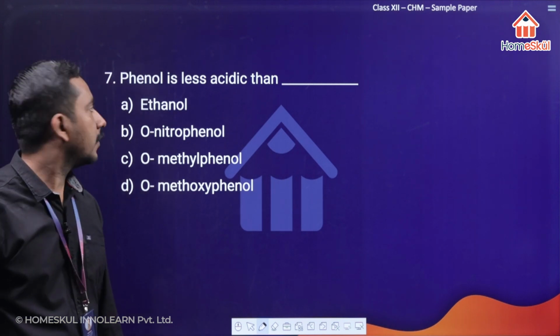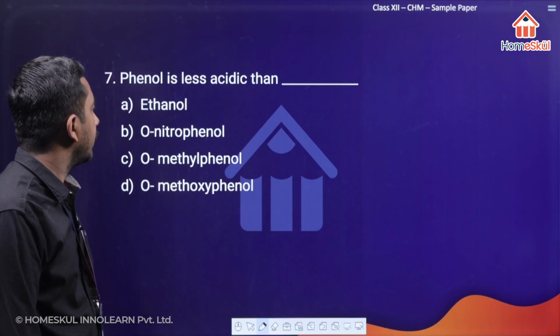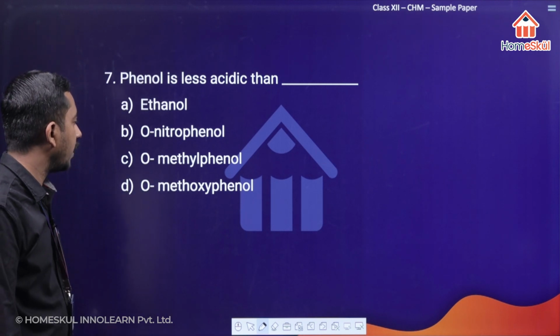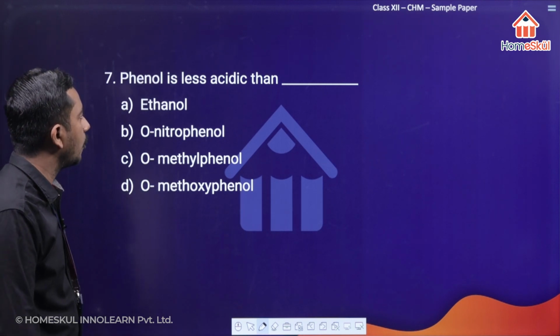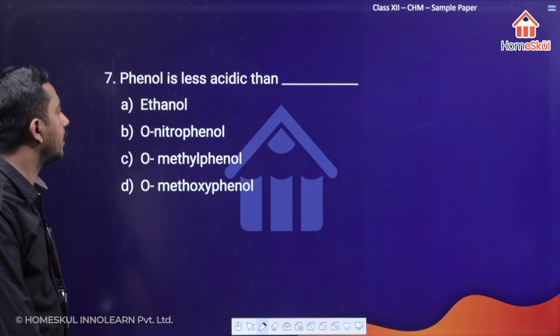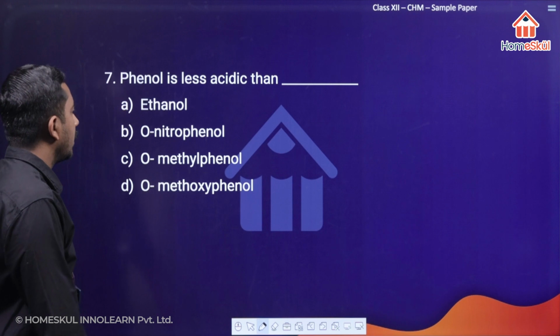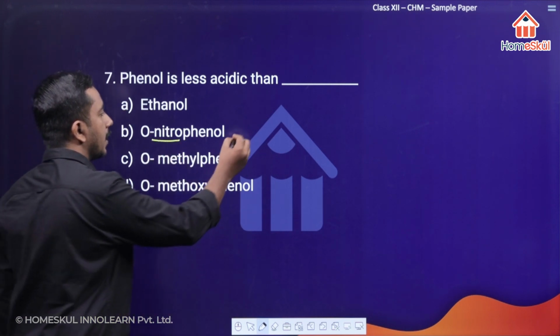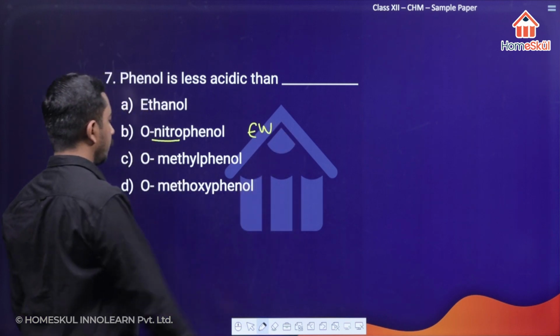The seventh question. Phenol is less acidic than, we have four options here. We have ethanol, orthonitrophenol, orthomethylphenol and orthomethoxyphenol. So we have to compare the acidity of these four compounds with the acidity of phenol. So let's see here, we have a nitro group substitution in phenol. That means this is an electron withdrawing group.